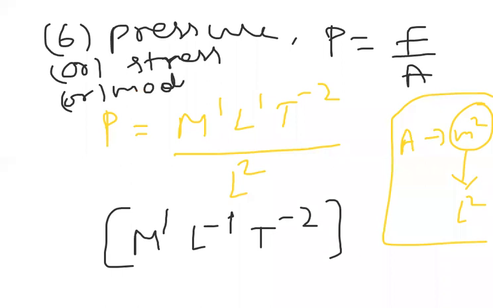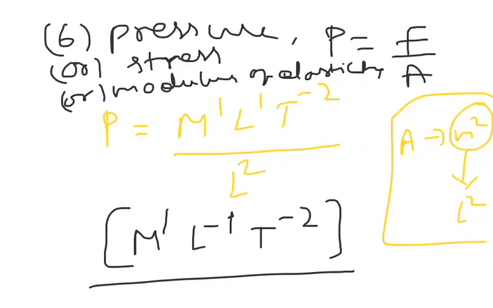These terms we'll see later. All three quantities have the same dimensional formula M1 L power minus 1 T power minus 2. So pressure is force by area, we substituted the dimensional formulas, and I got the value here.